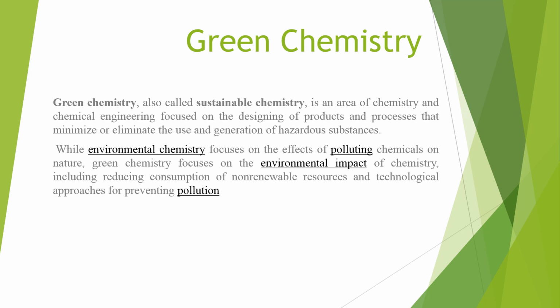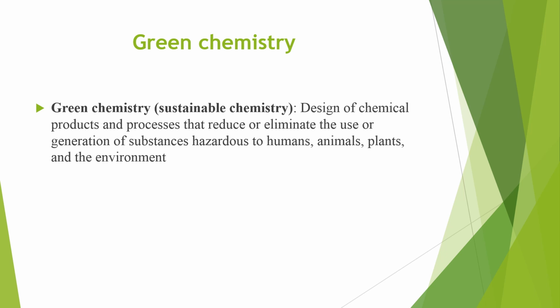This is green chemistry. What is green chemistry? Design of chemical products and processes that reduce or eliminate the use or generation of substances hazardous to humans, animals, plants, and the environment. So this is green chemistry.